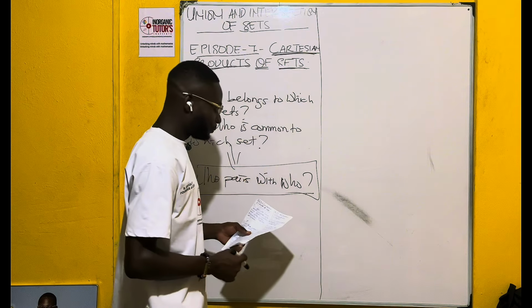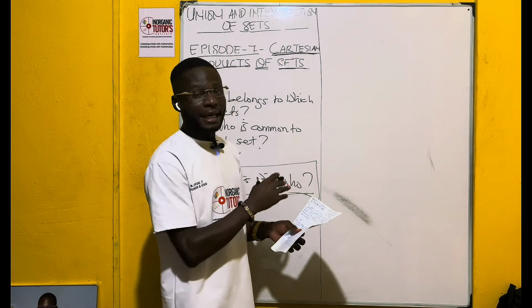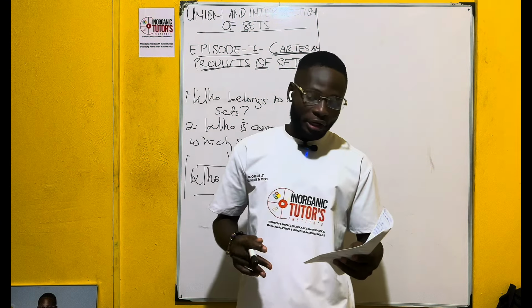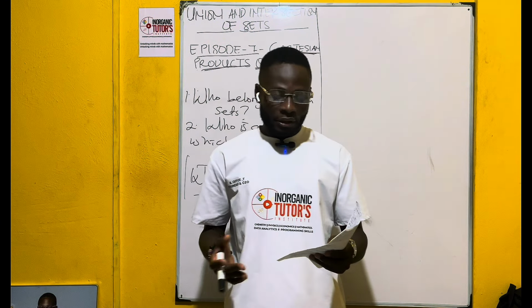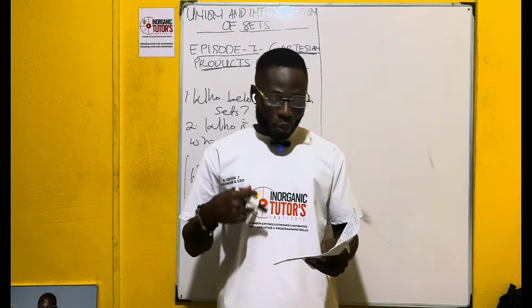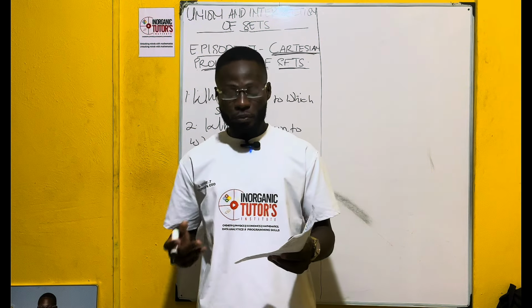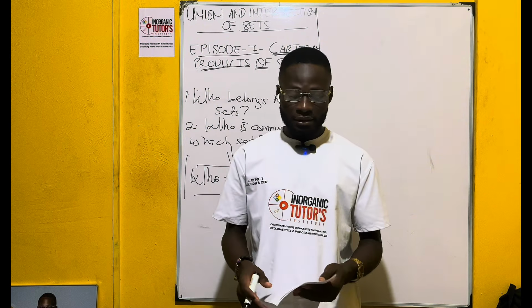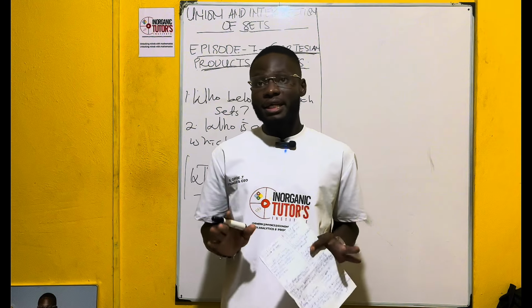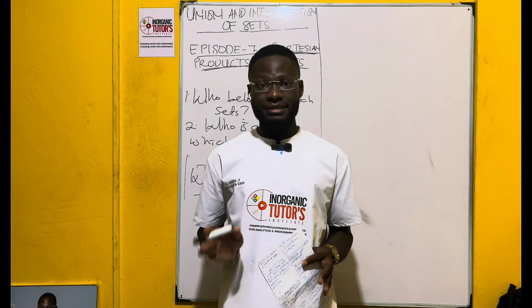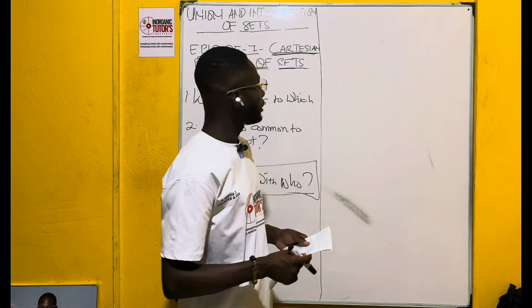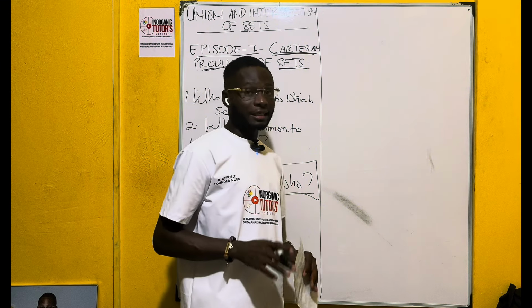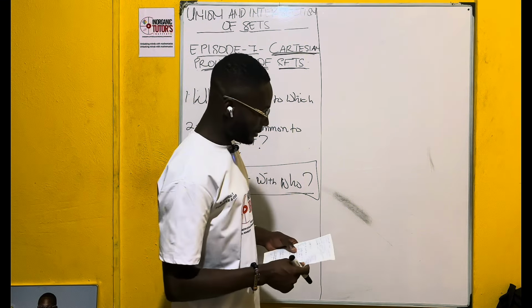Remember, in the previous episode, we solved 3-set problems using Venn diagrams. We were checking membership, who belongs to which set, who is common to this set, and all that. But today the direction is going to change, and this leads us to a very important concept called the Cartesian product of a set.